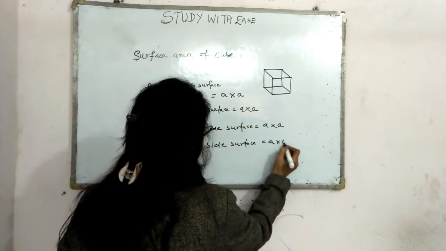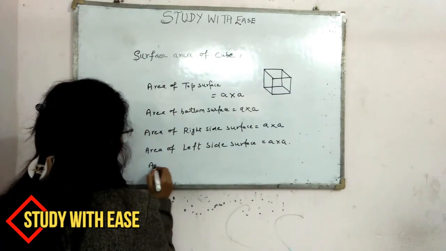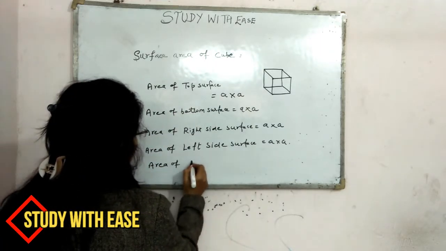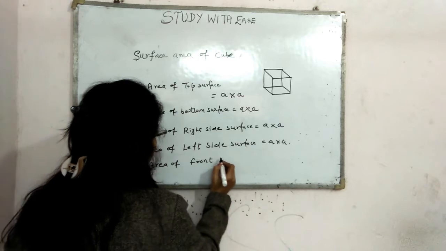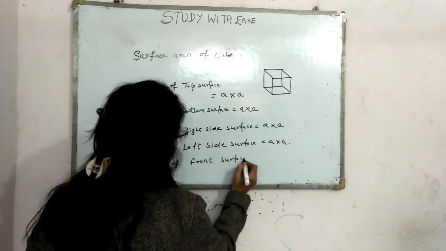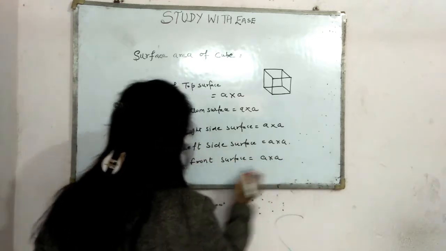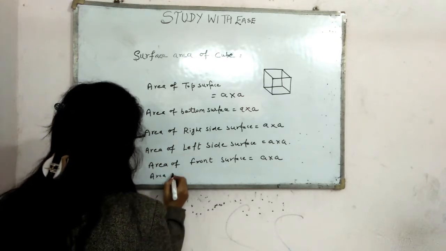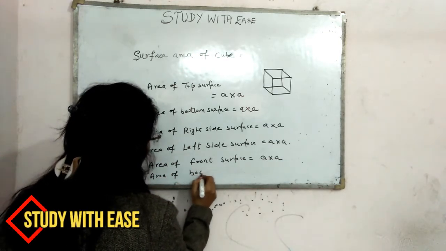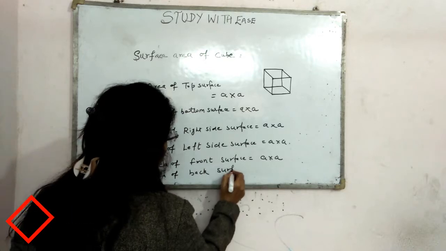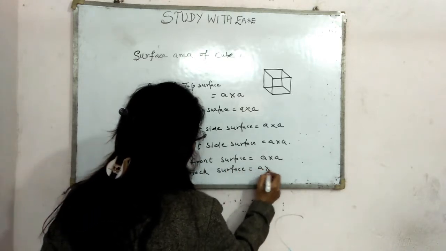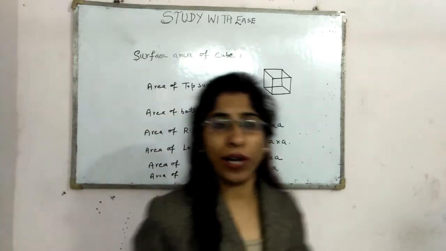It is also A into A. Now area of front surface. It is also A into A. Now area of back surface. It is also A into A.